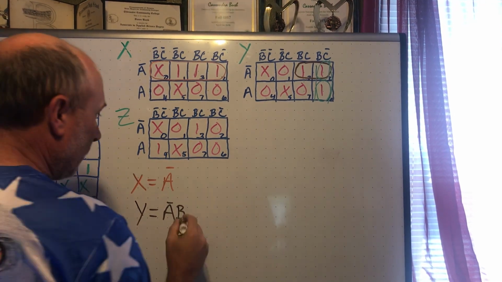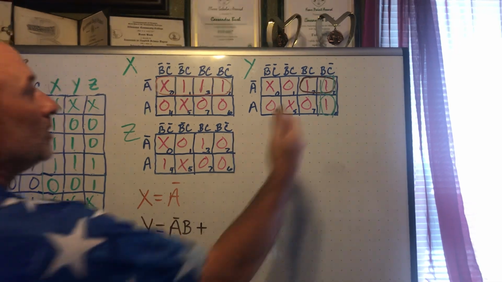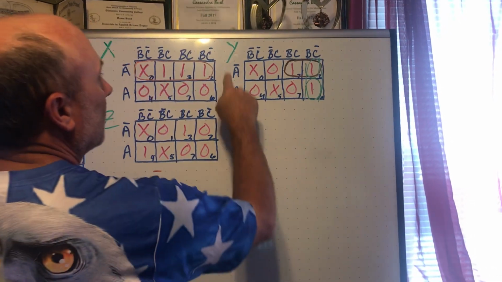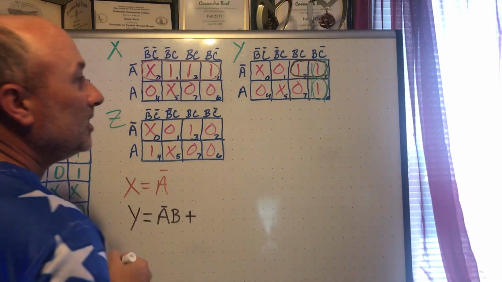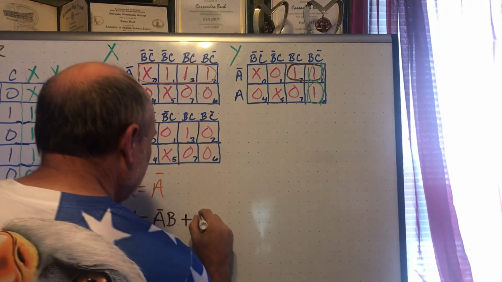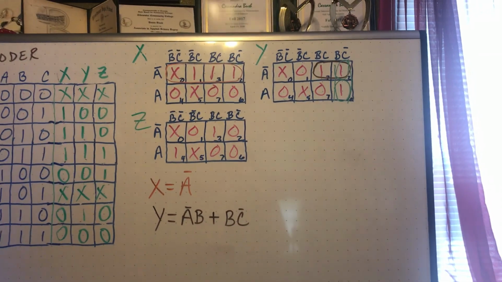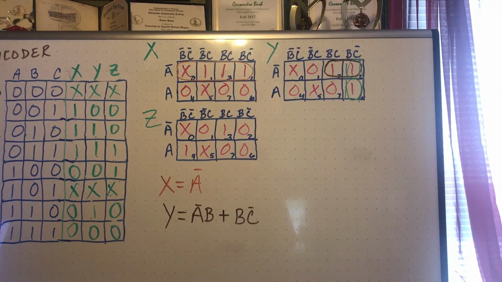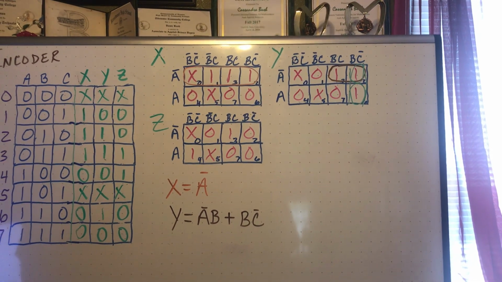So I'm done with that group, and now I'm going to OR it with my next group, which is 2 and 6. A and A naught change. The only thing that doesn't change is B, C naught. So Y is going to equal A naught B ORed with B C naught.